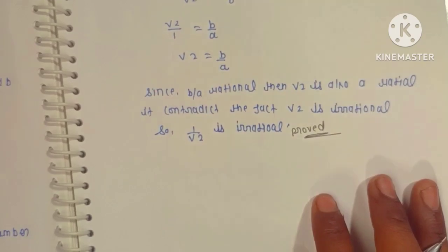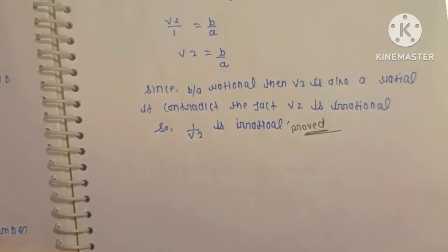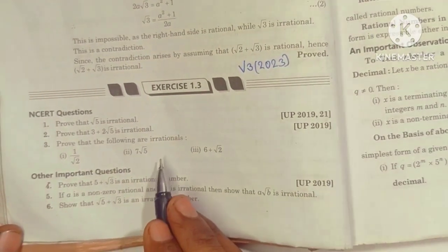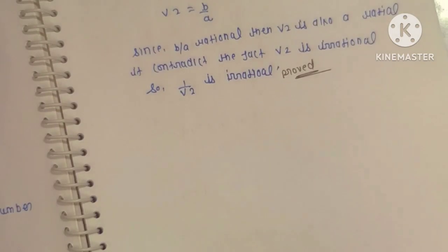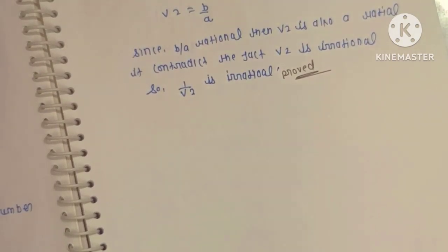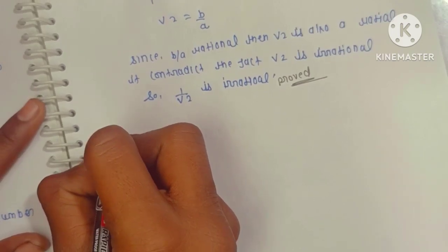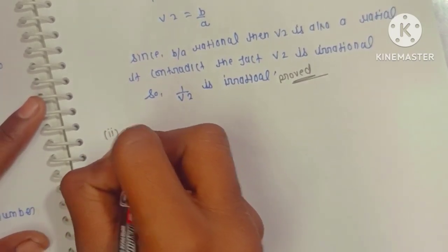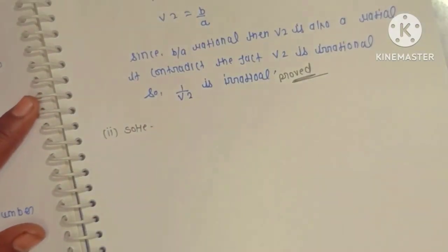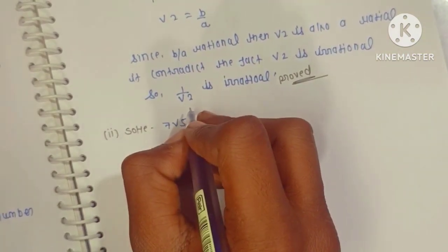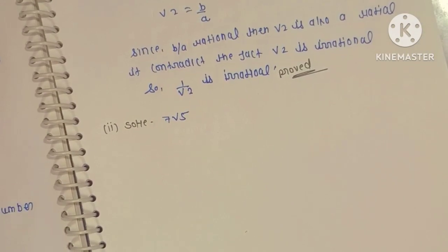Question number 2: 7 root 5 is irrational. Solve.